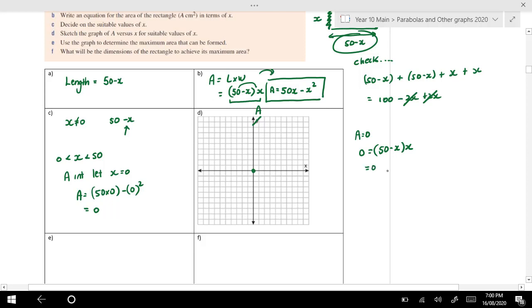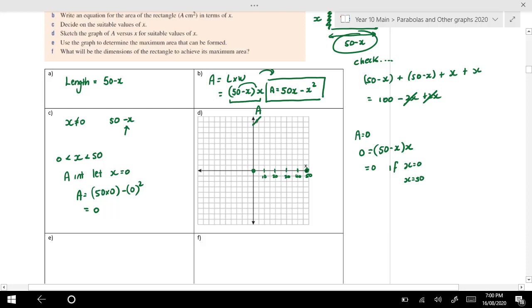Well, this is equal to 0 if x is equal to 0, and also if x is equal to 50. Let's put those down. Let's go up in 10, 20, 30, 40, and 50. There you go. So I've got 0 and 50.